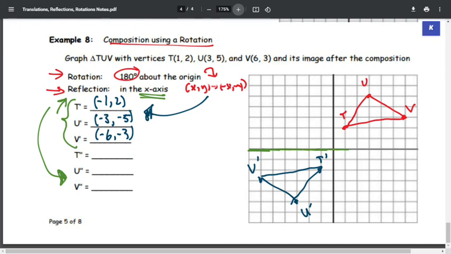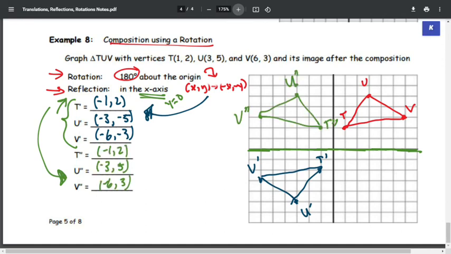So hopefully we know our x-axis. This is where reflections can get a little tricky. I know I said if we have x equals, that's going to be a vertical line. But because that's talking about the x-axis, it is going to be what we know it to be. This could also be y equals 0. So if you saw y equals 0, that'd be the x-axis as well. So once you go and reflect this over here and get your new coordinate point, again, pause and let's see if you get the same answers as I do.